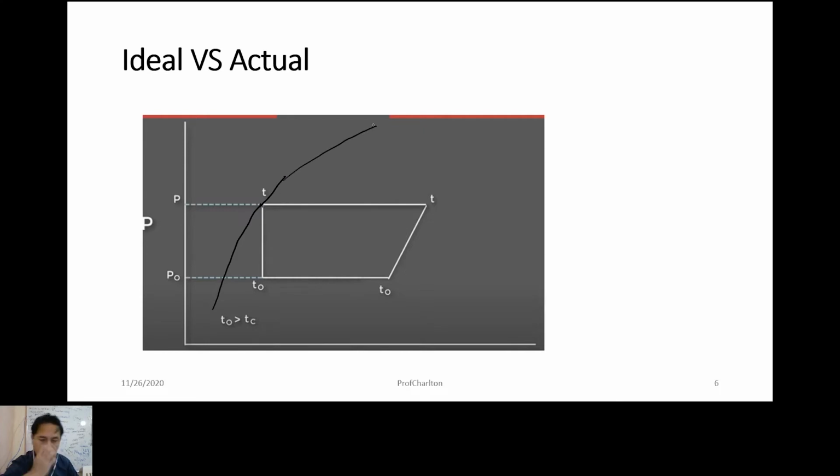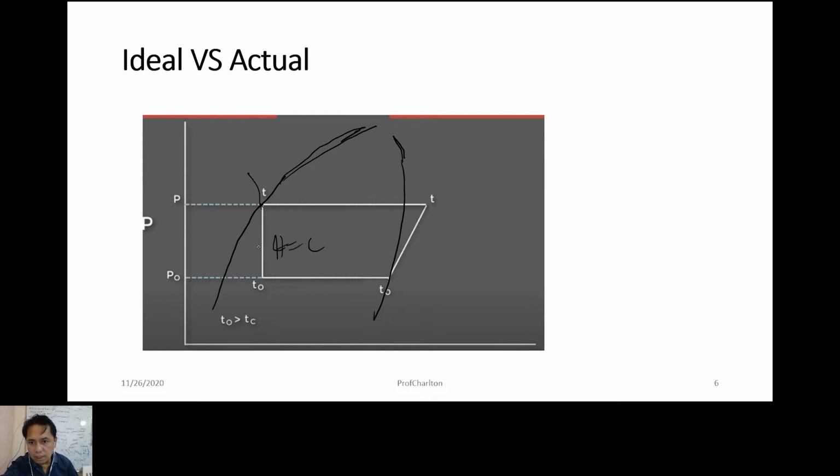That is the saturated liquid line, then this is the saturated vapor line. So on the saturated liquid line, this one is constant enthalpy.